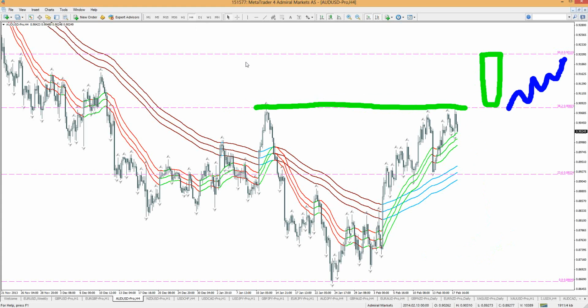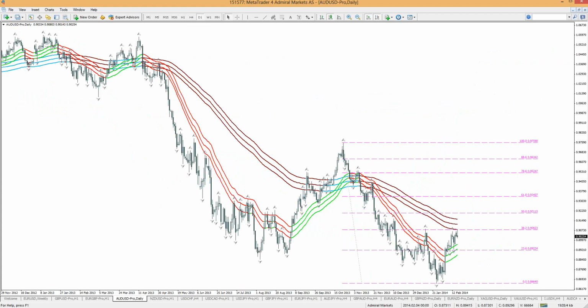How about if the downtrend continues on the daily chart? Because you look, definitely the daily and weekly, we can see a downtrend, right? Dark red and red, and price is below it on the weekly. Daily, this is acting as resistance in a downtrend.